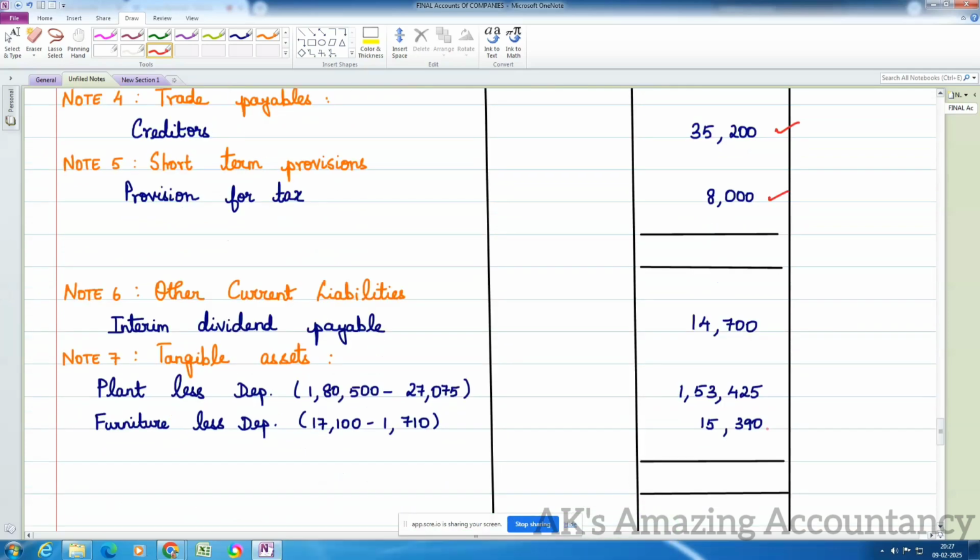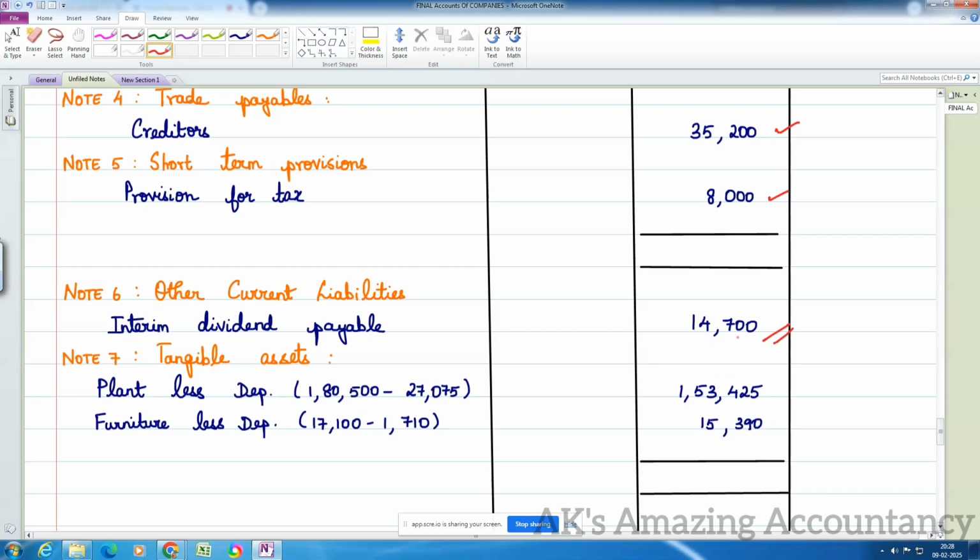Now let us continue with other current liabilities, which will be note 6. Under other current liabilities, the interim dividend payable, that is 14,700, will come. Interim dividend payable, you calculated this already, remember? It was appropriated earlier under note 2.